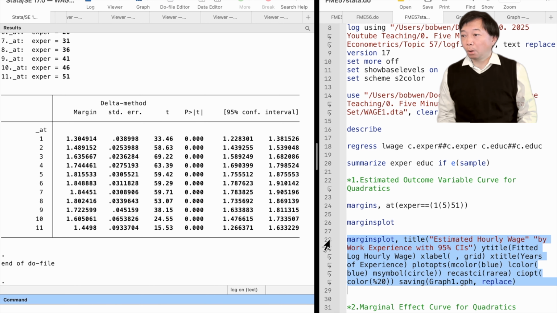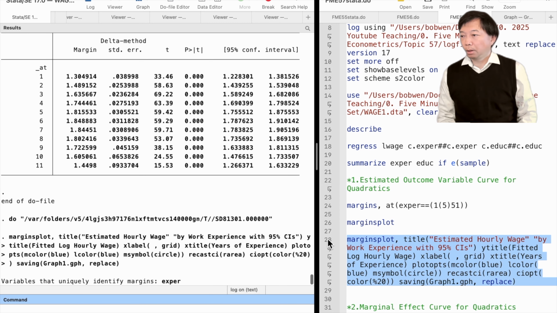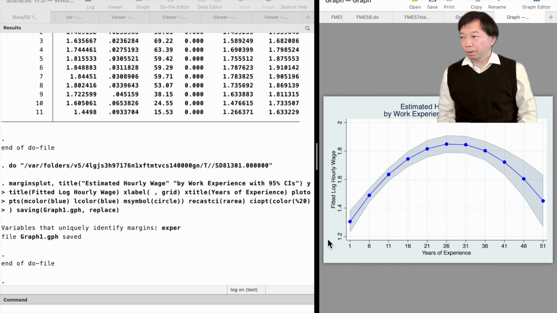To make the graph more informative, we add options for title, axis labels, curve color and style, and confidence intervals. The estimated hourly wage increases at a diminishing rate and eventually decreases as work experience rises.